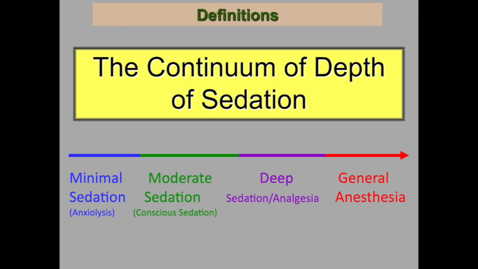If your dentist has a moderate sedation level, which is also called conscious sedation, you should all be able to monitor them and keep them safe and get them down to a moderate sedation level from a deep sedation or general anesthesia level. Usually deep sedation and general anesthesia are pretty much lumped together, but there's different characteristics of each, and we're going to go through that in just a little bit.